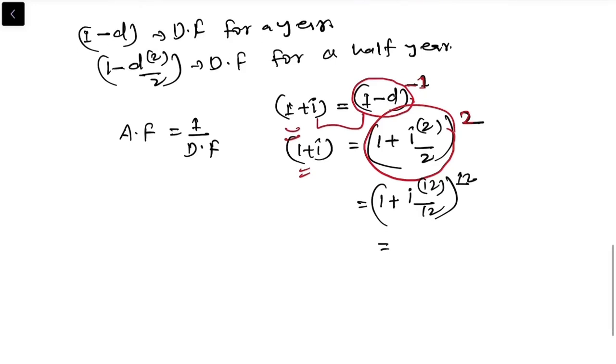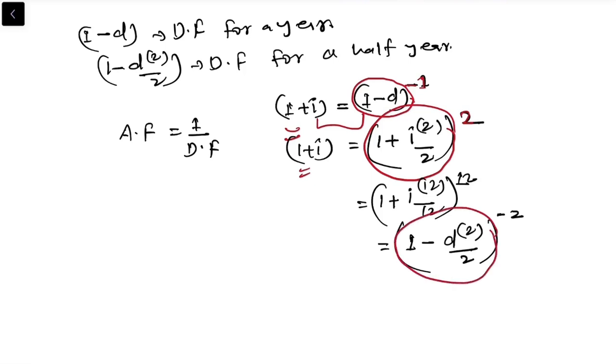And then I can also equate it with the discount rates. So I can say (1 minus d^(2)/2) to the power minus 2. So this is the discounting factor for a half year, and if I raise it to the power minus 2, that means the accumulation factor for 1 year.